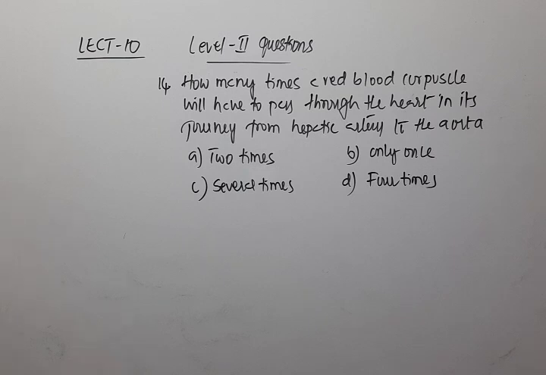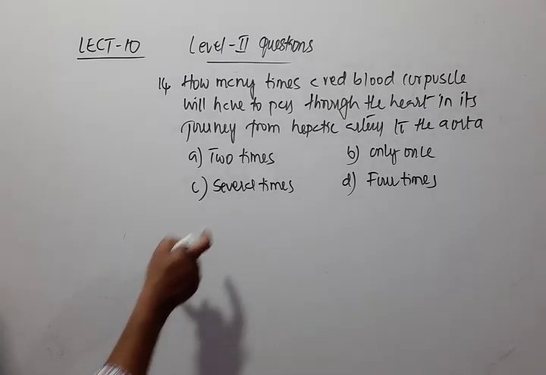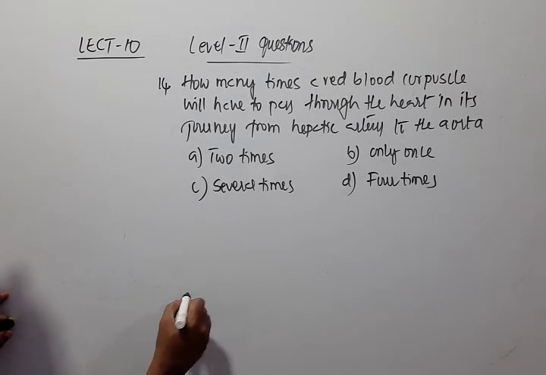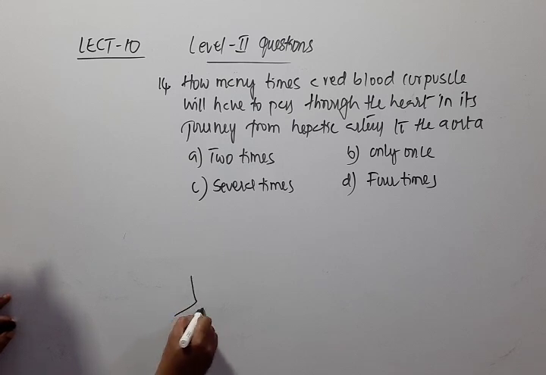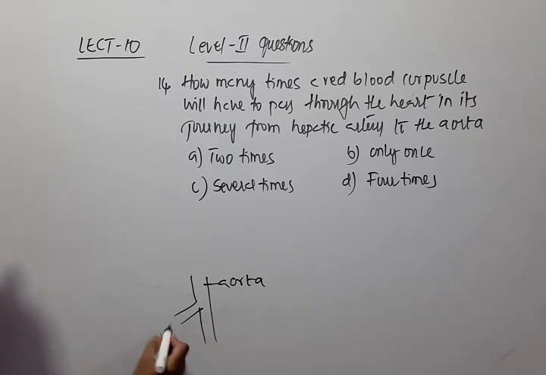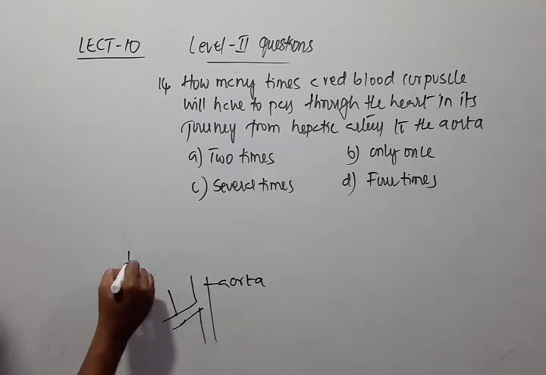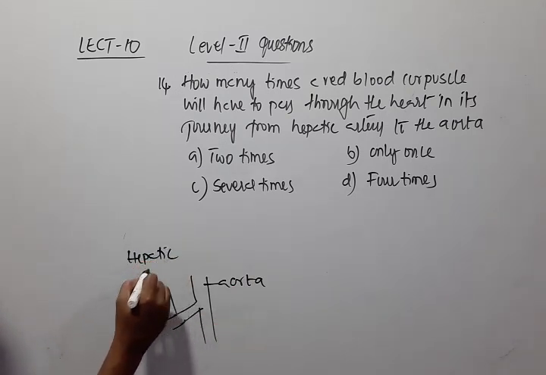Question: how many times will a red blood corpuscle have to pass through the heart in its journey from the hepatic artery to aorta? Here the hepatic artery is a branch from the aorta. Say this is the aorta, and this is the hepatic artery.